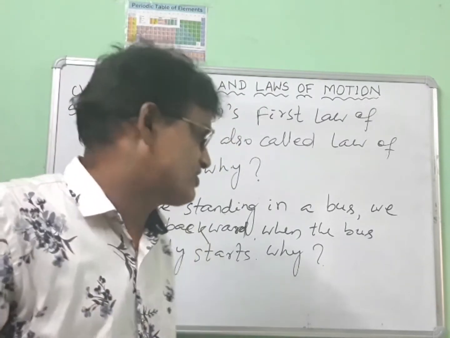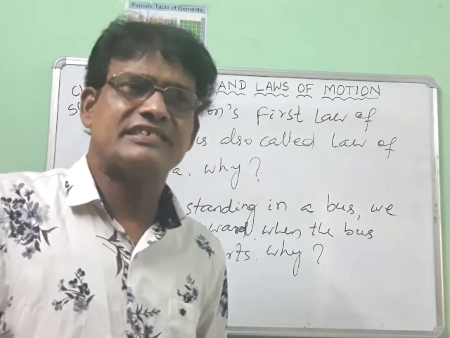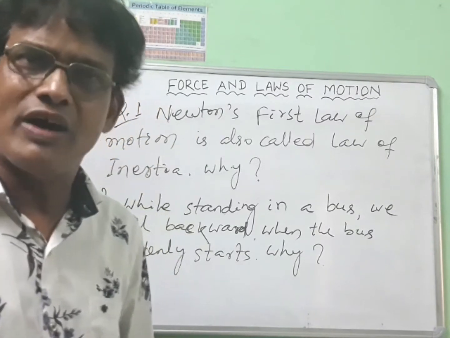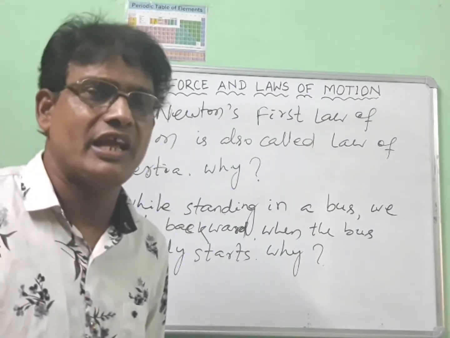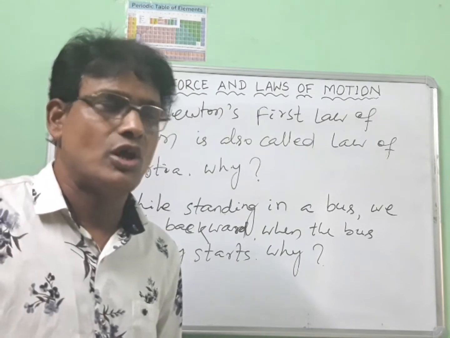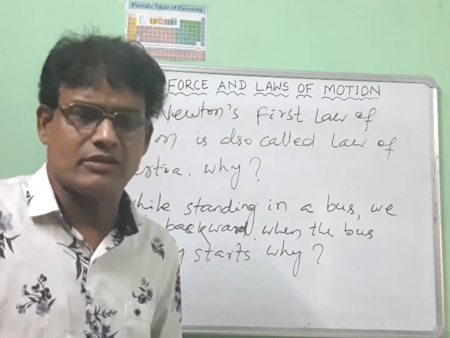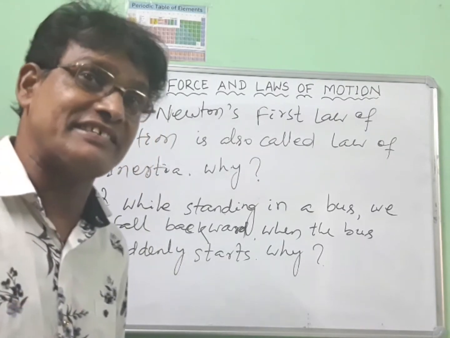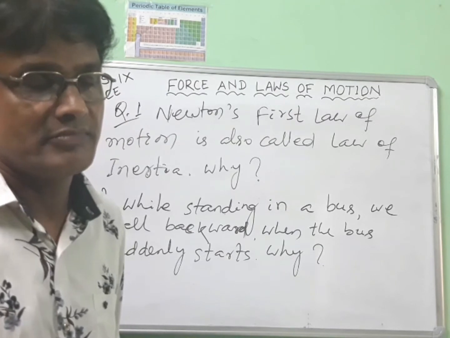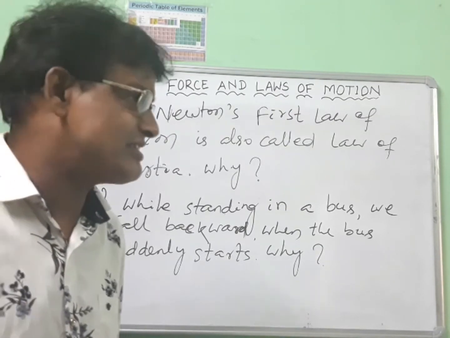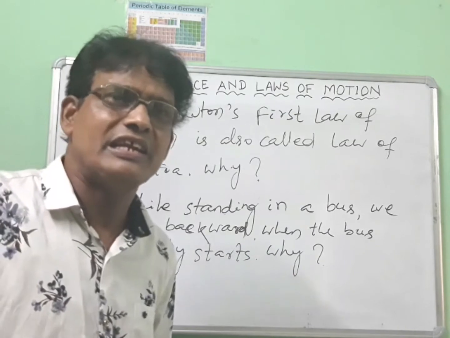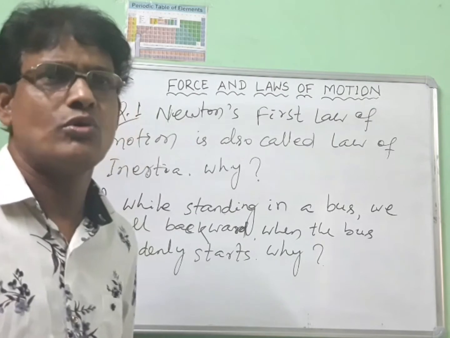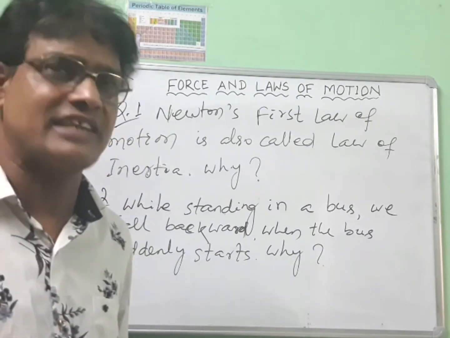When the bus suddenly starts, the lower part of our body, along with the bus, comes in motion, whereas the upper part of our body tends to remain at rest due to inertia of rest. So we fall backward when the bus suddenly starts.